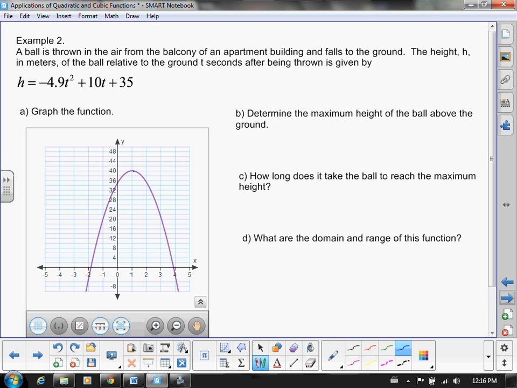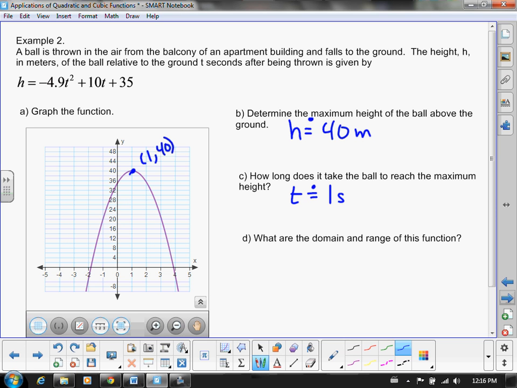And on this graph right here, it looks like it's at about 1 and pretty close to 40, maybe a little bit less. Determine the maximum height of the ball above the ground. Based on our graph, the maximum height will be 40 meters. How long does it take the ball to reach the maximum height? The time where that occurs is about 1 second.